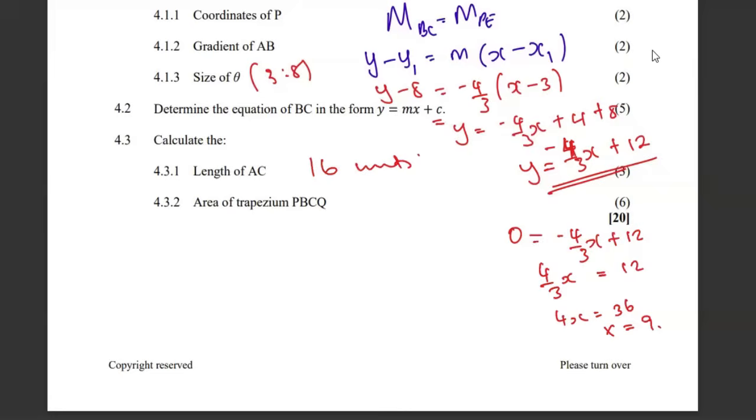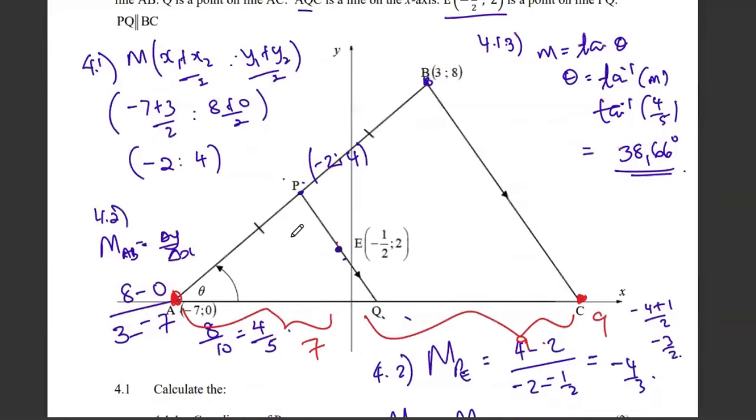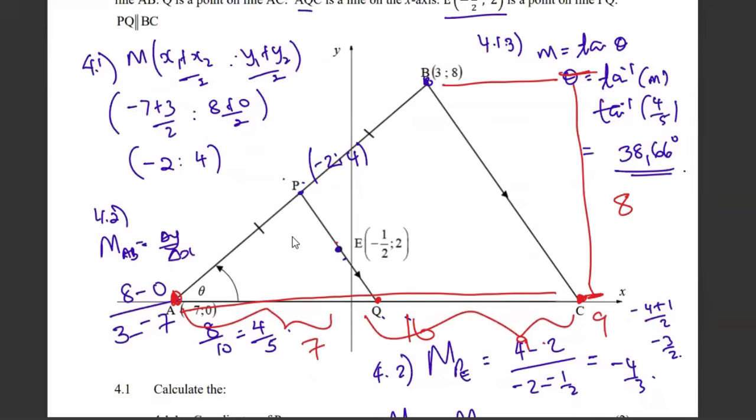Okay. And then the next question, they want us to find the area of the trapezium PBCQ. Okay, so there are two ways of doing this. Number one, since this distance is 16, we have this height. The height of the big triangle is going to be 8. The distance from here up to here is what we need, because we need the coordinates of Q so that we can get the distance.